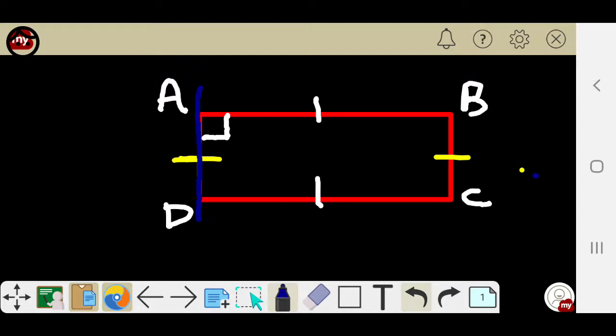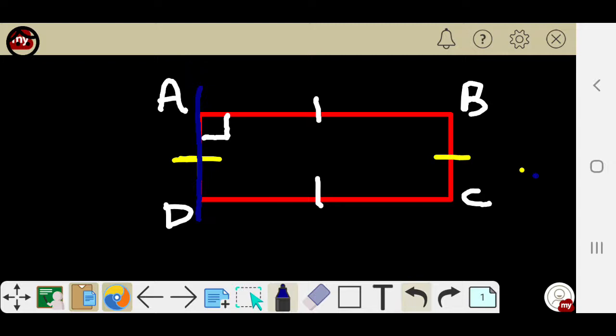If a line is intersecting the two parallel lines, we can call that line a transversal. So here AB and DC are parallel lines and AD is a transversal.